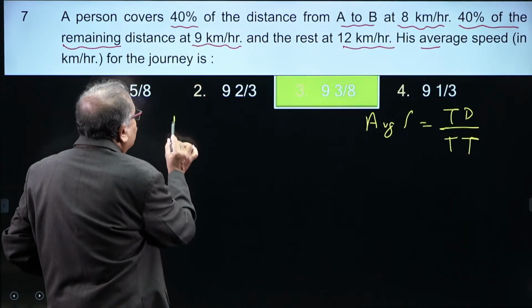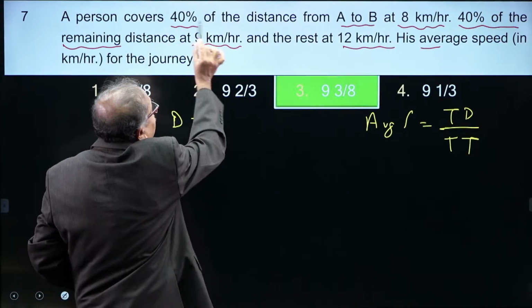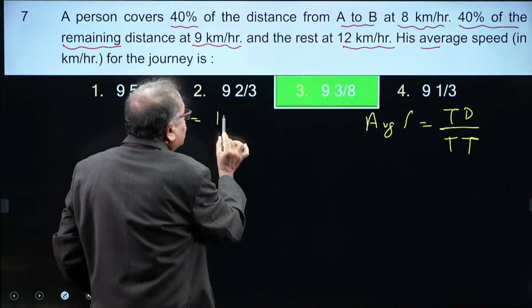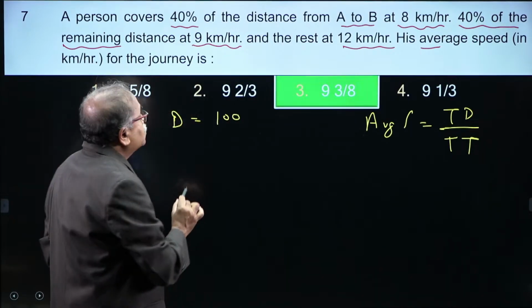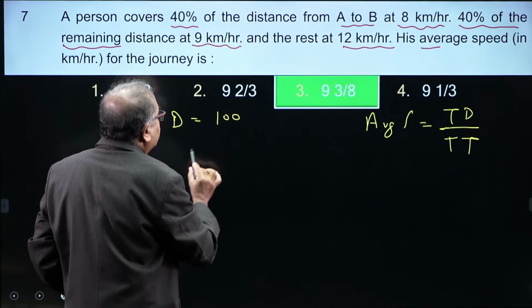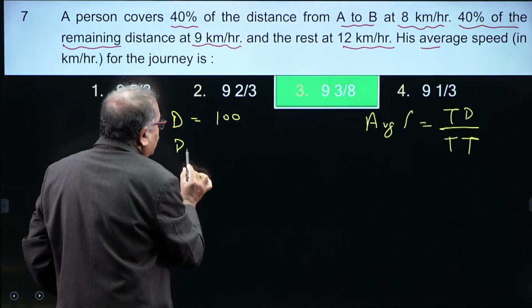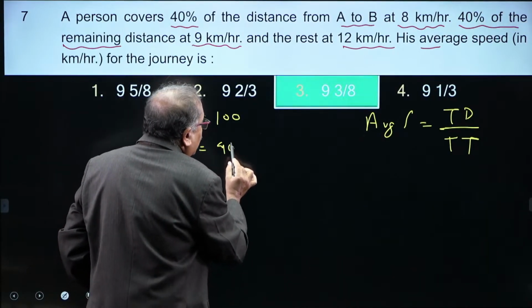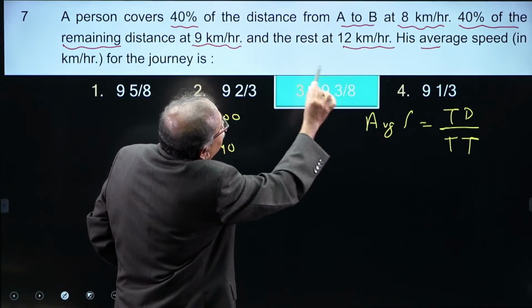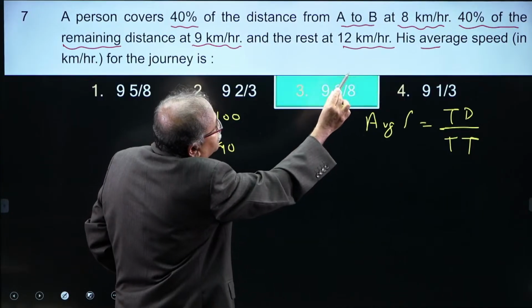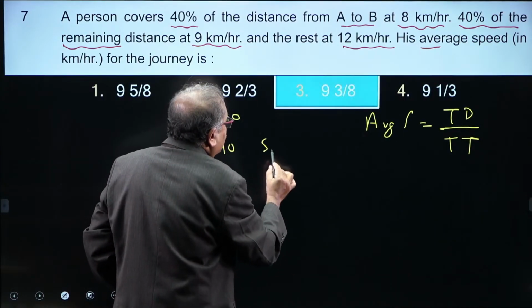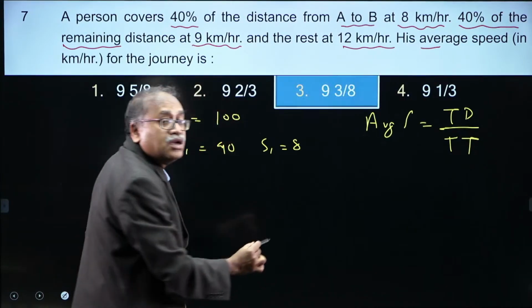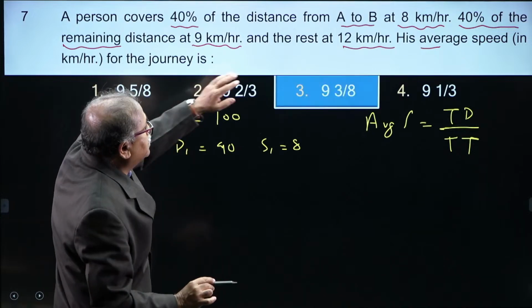So, I will take the total distance, because the distance is given in terms of percentage. So, I will take the total distance as 100. So, 40%, that means D1 is 40, with a speed of 8 km per hour, and the speed 1 is 8. I am just noting down the given information.